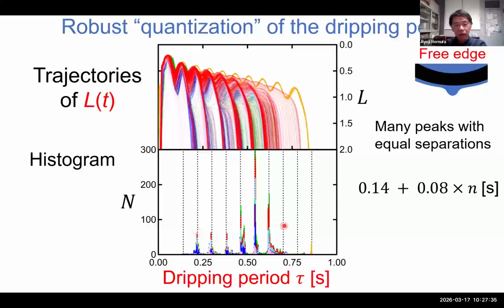These black lines are a plot of this function, and the peak positions agree well with this expression. So this means that the separations of these peaks are equal. Many peaks appeared, and their separations are equal for the free edge case.